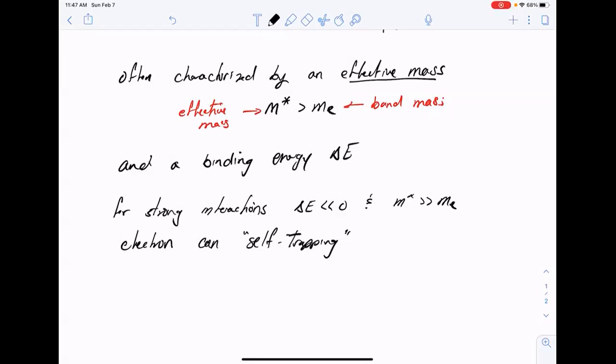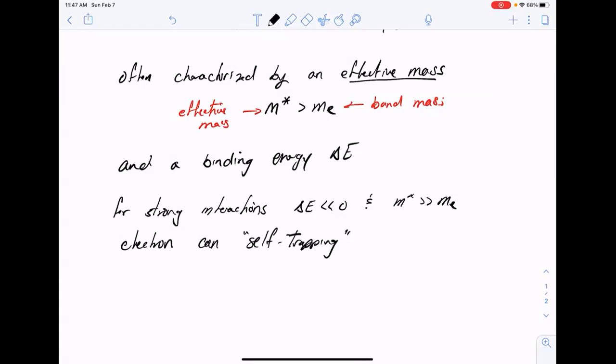So this concept of a polaron dates back really to Landau, who was the first one to think about the notion of a dynamical trapping of an electron, its ability to get stuck somewhere in the lattice because it interacted so strongly with the polarization field due to the heavy nuclei.